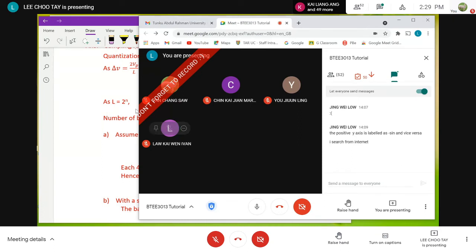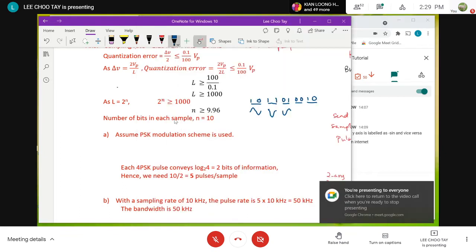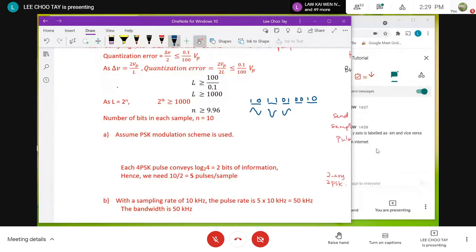Well, to be consistent, you still take the plus sign and minus sign. Okay, do you want to take this down first? Let me scroll up a bit.